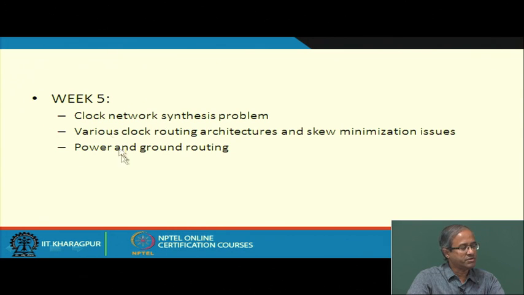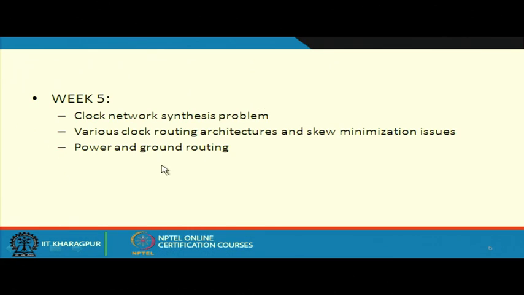We continued our discussion in week 5 where we talked about how to design the clock networks, various clock routing architectures like H tree, X tree, method of means and medians, etc. And we looked at the various methods of clock tree design and the kind of hybrid approaches that are followed to minimize the clock skew, because we said this is very important.